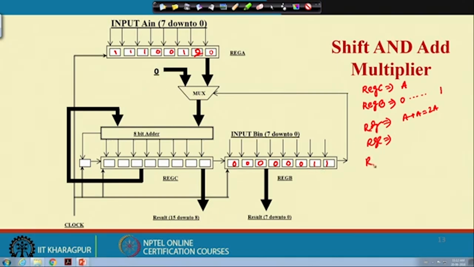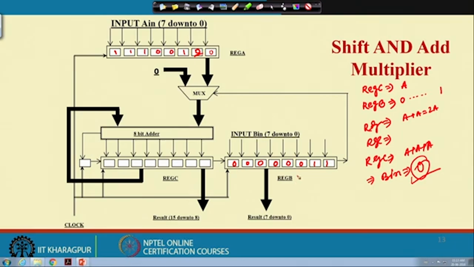At the final, this register C will be added with A plus A plus A, and all the corresponding B values will be all zeros, or whatever the values of this are, that A in will try to fill this position. Okay. So, in this manner, in this fashion, we can do this shift and add multiplication.